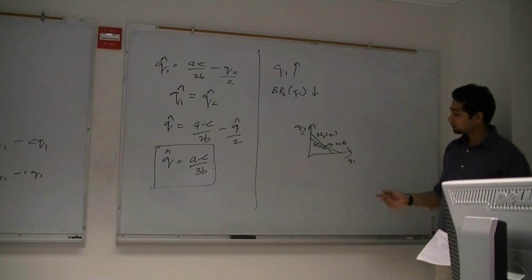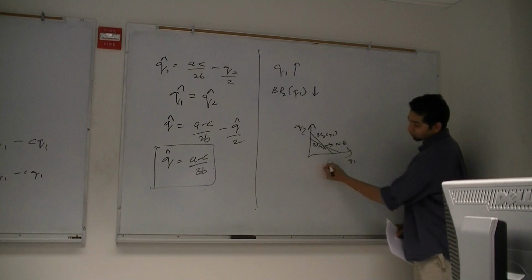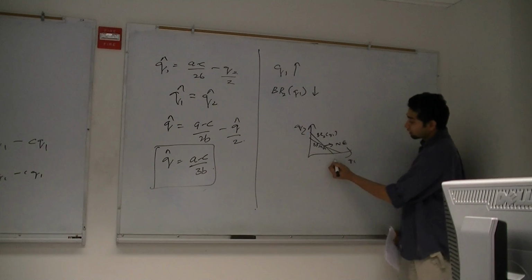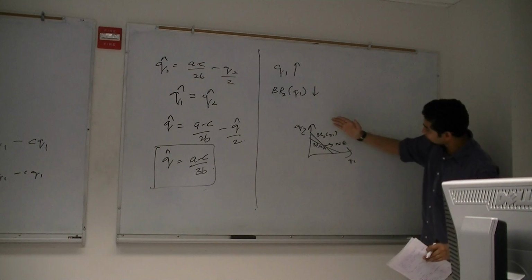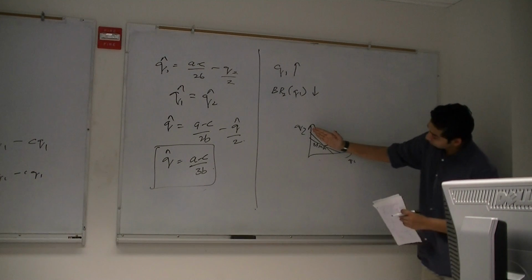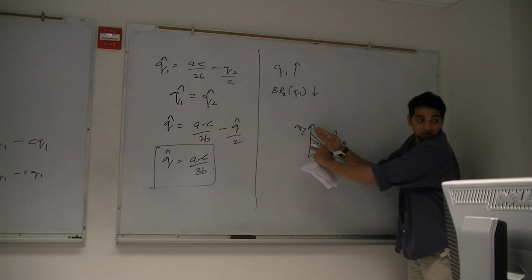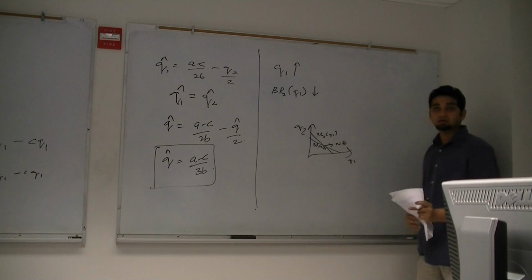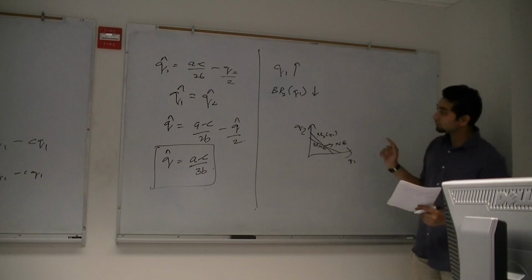Okay, so when Q1's quantity increases, let's consider this Q1 quantity, this particular curve, when Q1 basically increases, Q2 decreases, right? The total quantity of Q1 plus Q2 is not fixed.